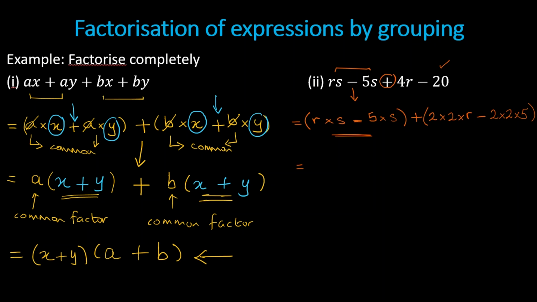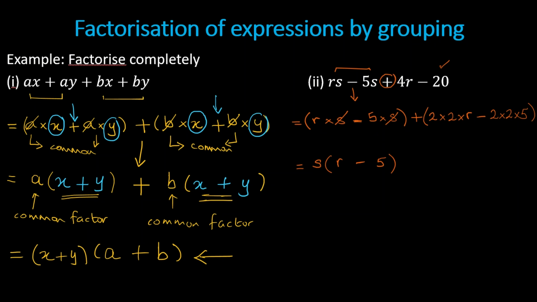In the first pair of brackets, which letter is common? It is the letter S, which is common. So we are left with R minus 5. Okay, we consider the second pair of brackets now.